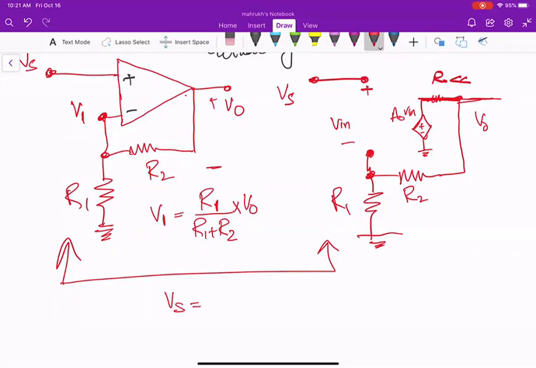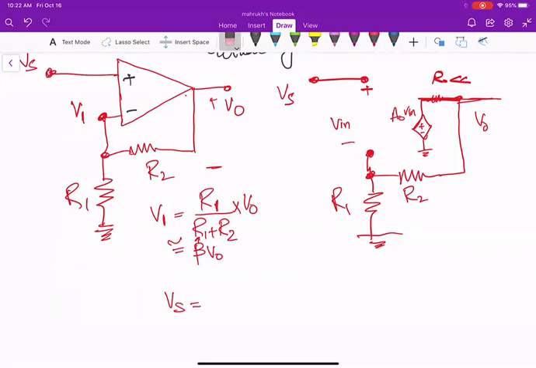Okay, so V1 I found is R1 by R1 plus R2 into V naught. And I'm just saying that it could be beta V naught. I am just defining it for my ease as beta V naught, okay? So for this circuit, we are now one layer ahead in terms of complication.